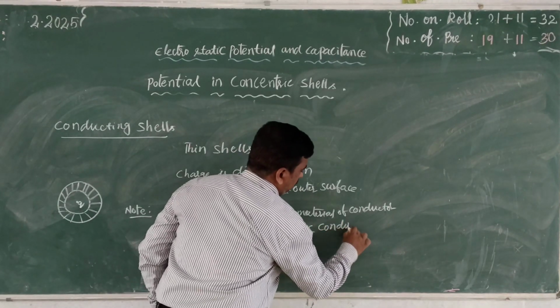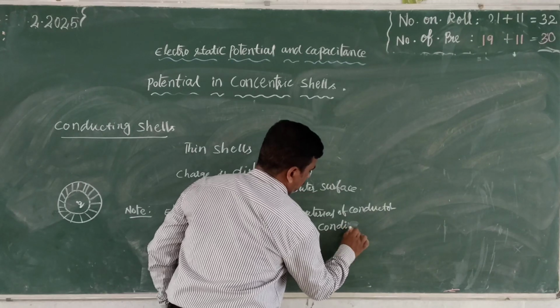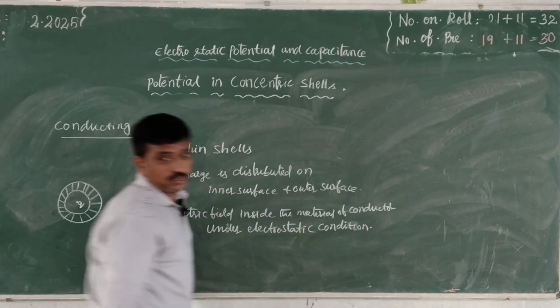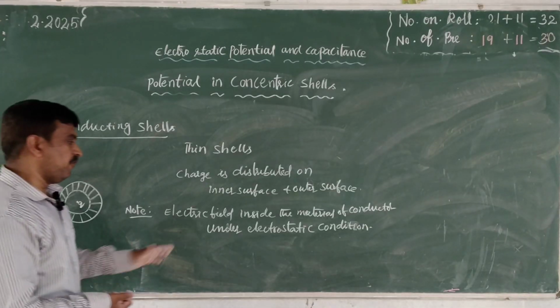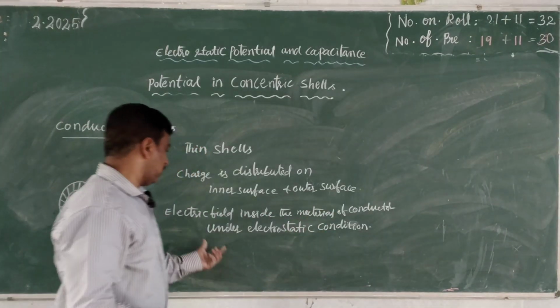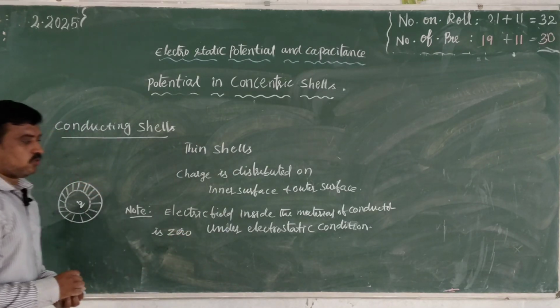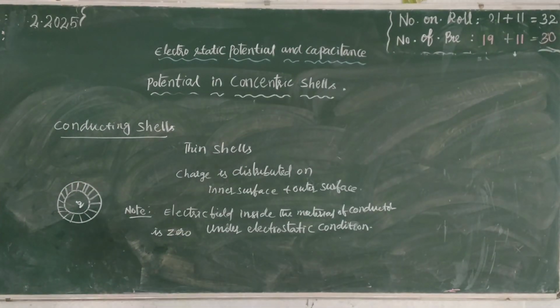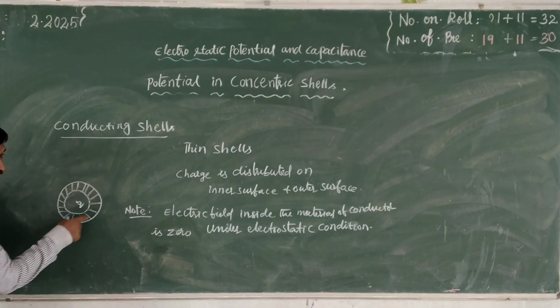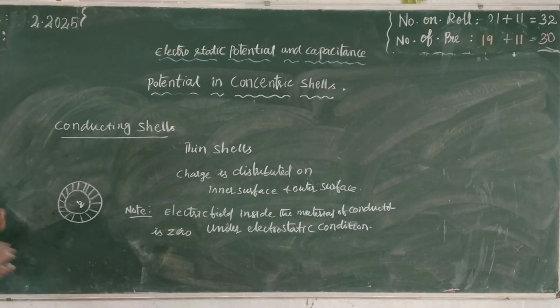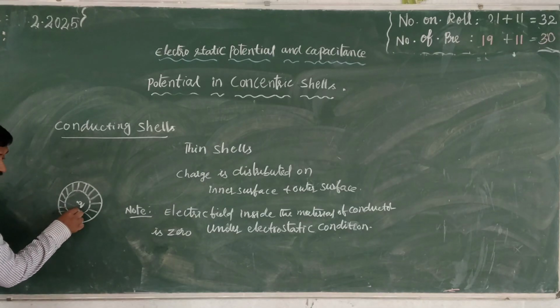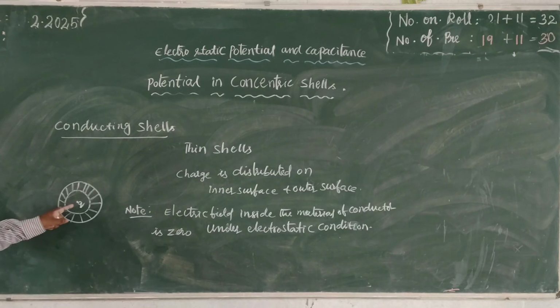Inside the material the electric field is always zero under electrostatic condition, but here charge is there. So the charge provides electric field lines inside. Here it is not material, it is a hollow sphere. So that's why it is transferred from here to here.